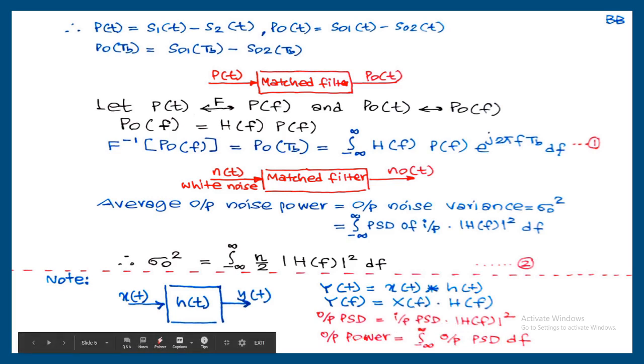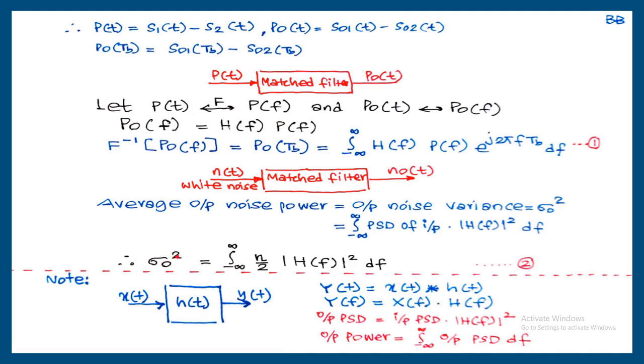That is this output power. Output PSD is the same as input PSD into transfer function squared. So we are able to write output noise power is equal to the integral from minus infinity to plus infinity of the PSD of input noise into transfer function squared df. That is equation number 2.